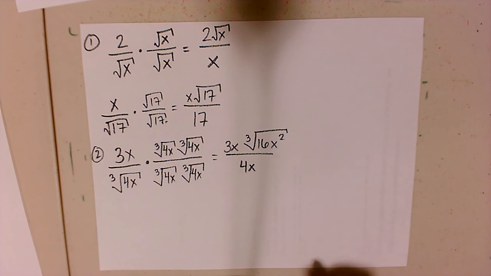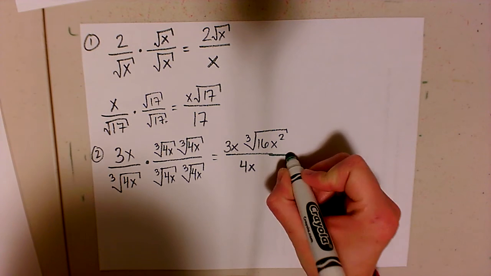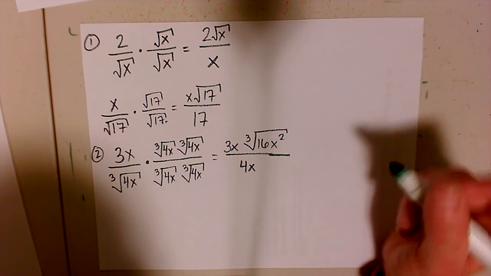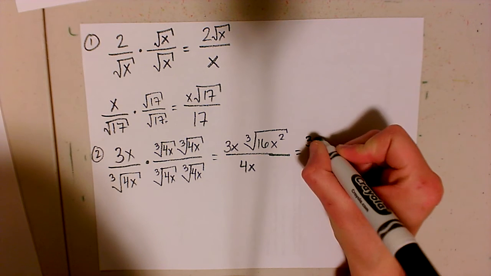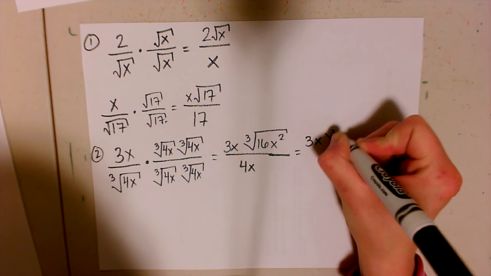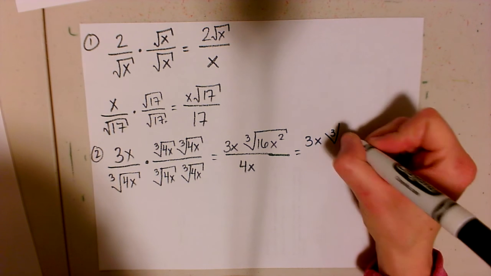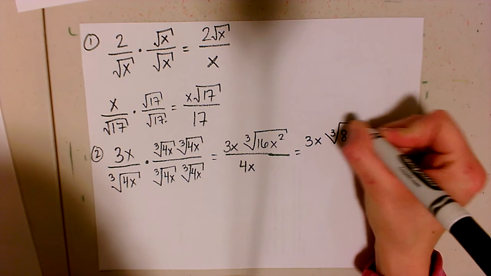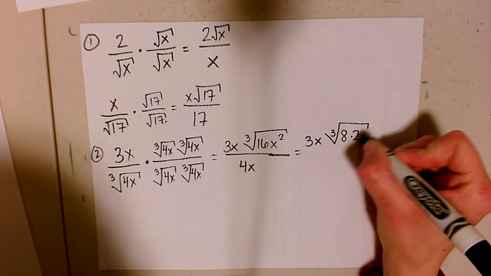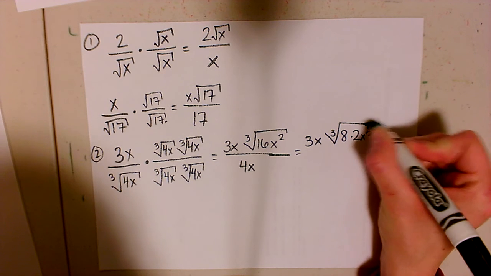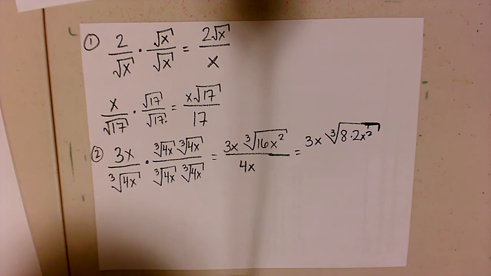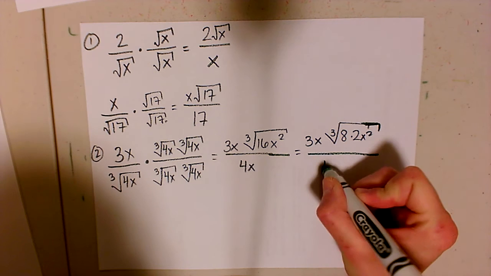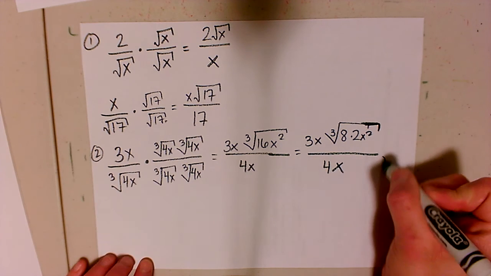Now, there is some simplifying we can do. We've got to evaluate that cube root of 16. We can break 16 into 8 times 2, and we still have that x squared on the inside, and this is all over 4x.